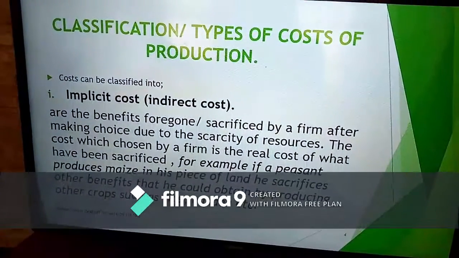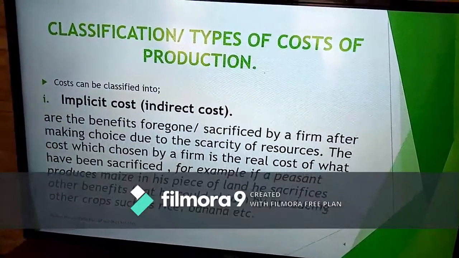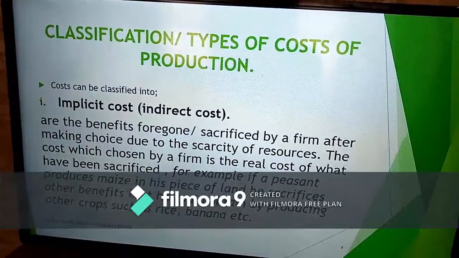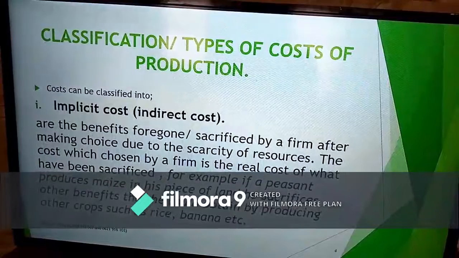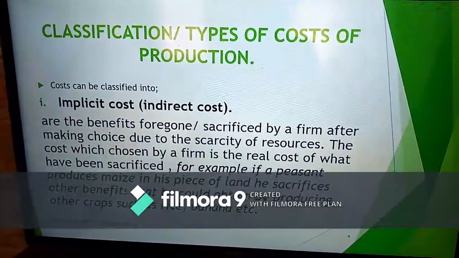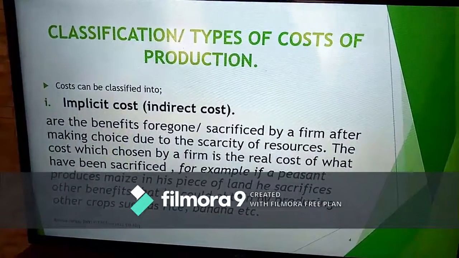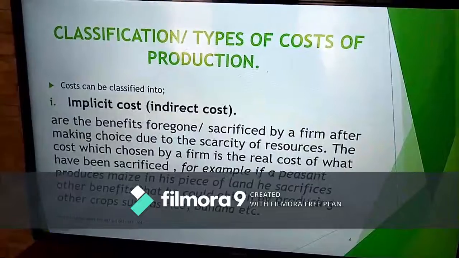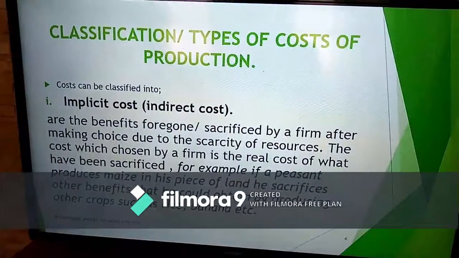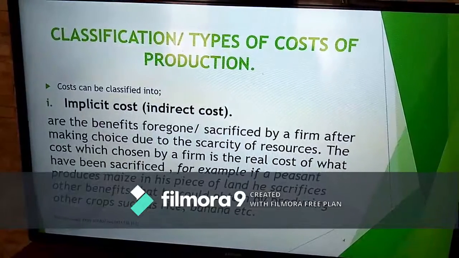Now, the classification or types of costs of production. We have two types of costs of production. And the first one is implicit cost or indirect cost. The implicit cost or indirect cost are the benefits foregone or sacrificed by the firm after making choice due to the scarcity of resources.